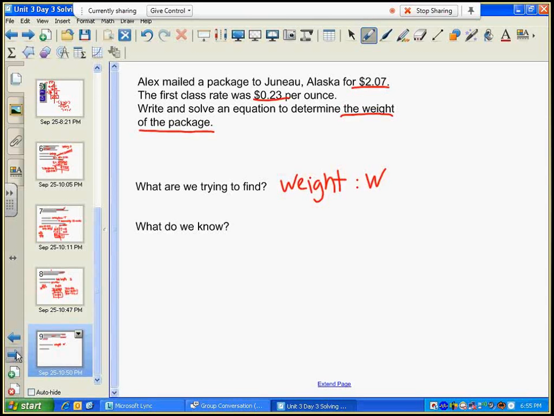So I know that $2.07 is going to be equal to 23 cents times the number of ounces, so I'll call that weight. Okay, 23 times the weight. What do I do to each side?